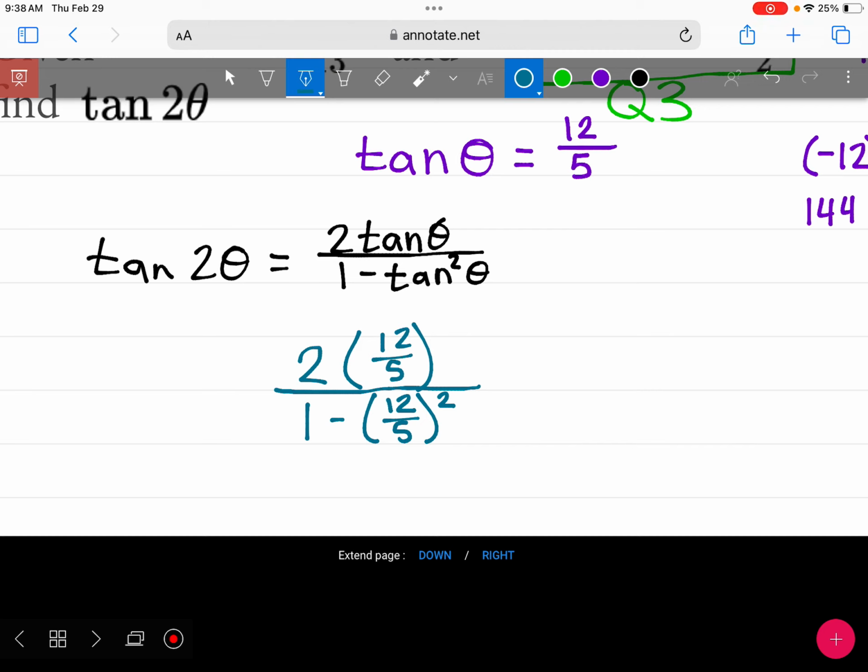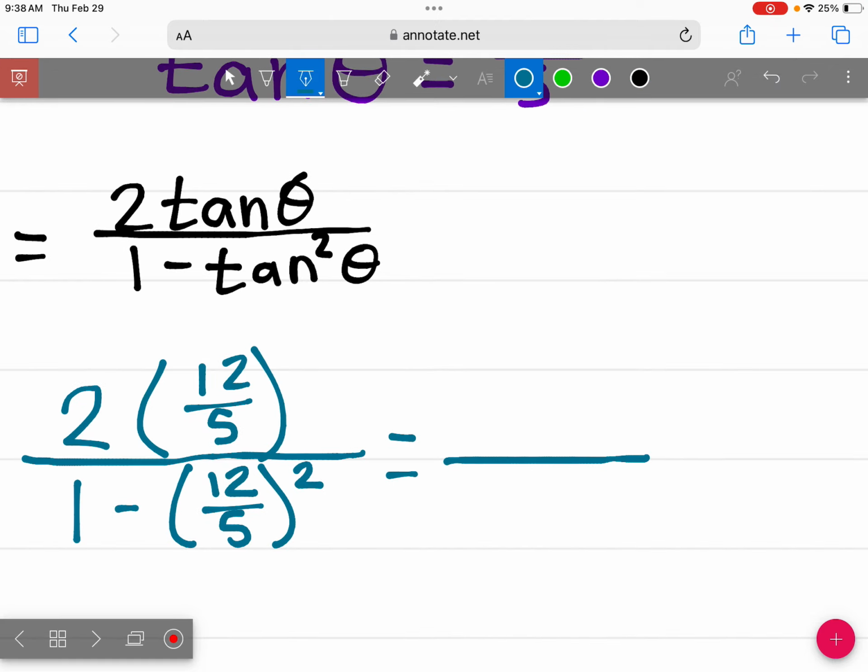Okay, so we're filling in the pieces we know. And then we're going to come through and simplify this because holy fraction upon fractions, guys. So I'm going to simplify numerator and denominator so that we can multiply by reciprocals. So my numerator, 2 times 12 over 5, 24 over 5.